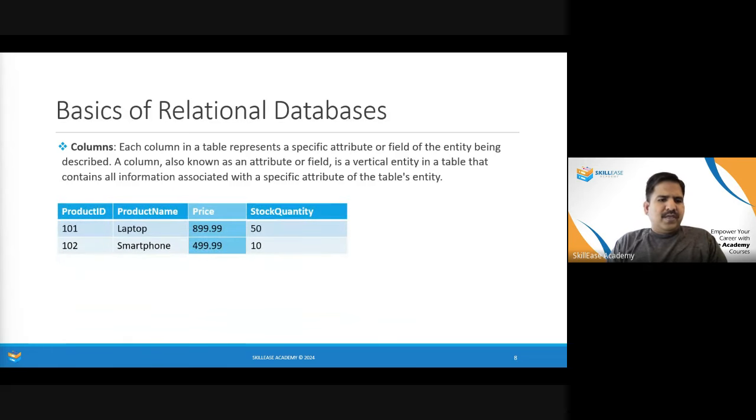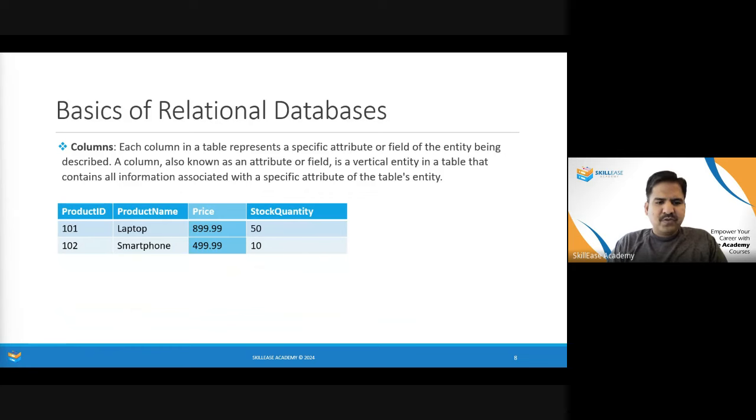So in this particular example, we are displaying the product information. If you see, we have two different products, and each line denotes one product's information. In row 1, we have 101 as the product ID, laptop as the product name, and price and quantity are mentioned. Similarly, 102 is the second product.